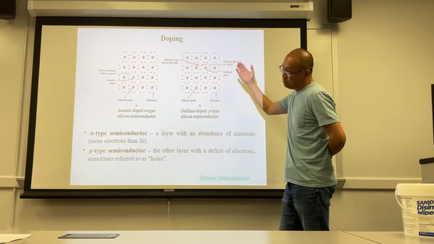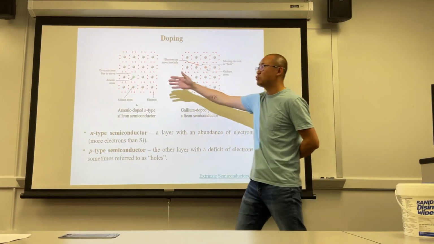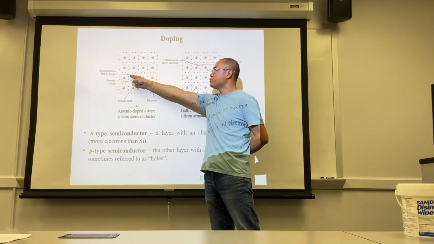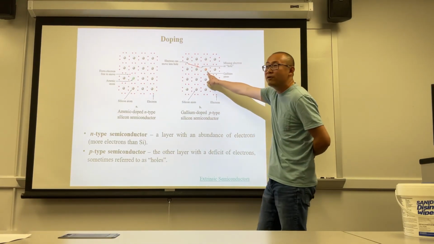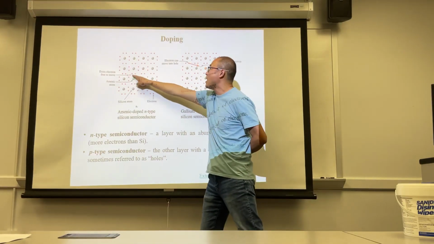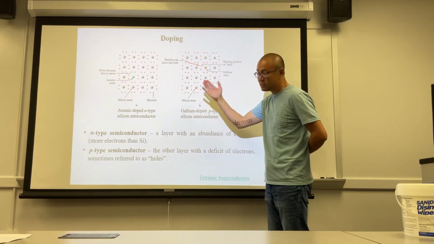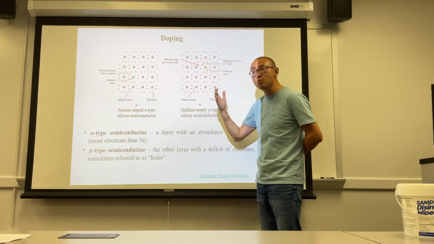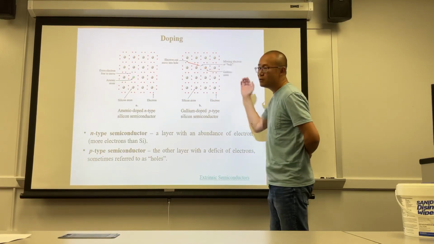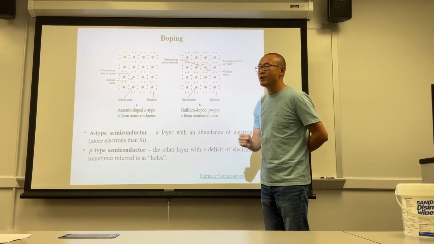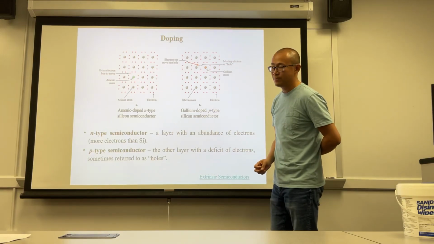So what does it tell you? Now you expose this to sunlight, what happens? That extra electron can easily move from the extra spot to where? To the hole. And this process, again, will make the movement of electrons a lot easier than before. And we call this process doping.